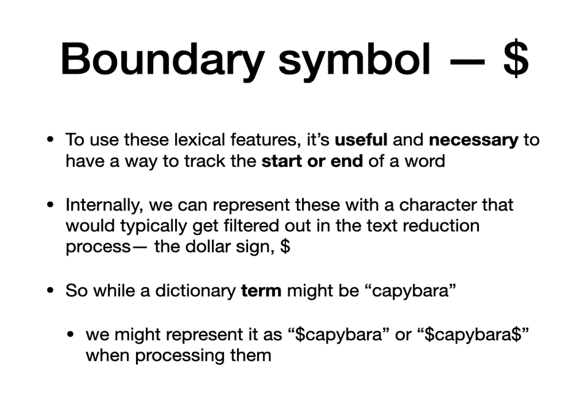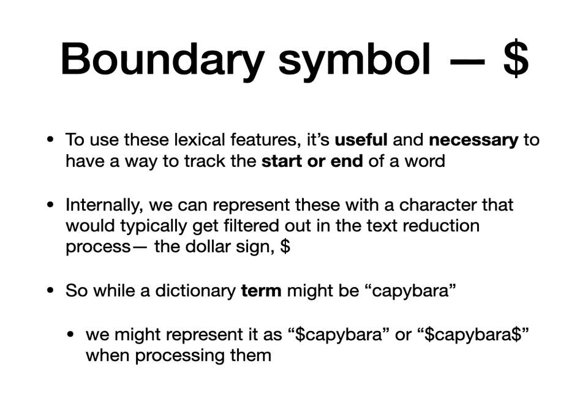We use something called a boundary symbol when we're doing these kinds of processing. It's a useful idea. I like to talk about it first, just to get it implanted a little bit better. So to use lexical features, we're going to be breaking the words up into little pieces. It's pretty useful and often completely necessary to have a way to track at least the start or end of a word as well as the letters, right? Internally, we can represent this any way we want.